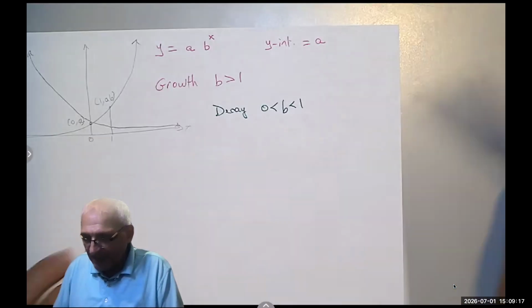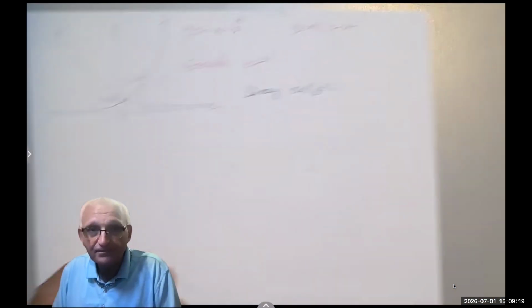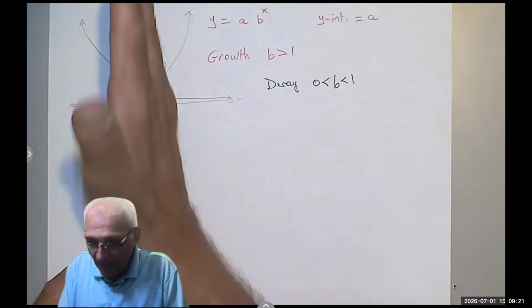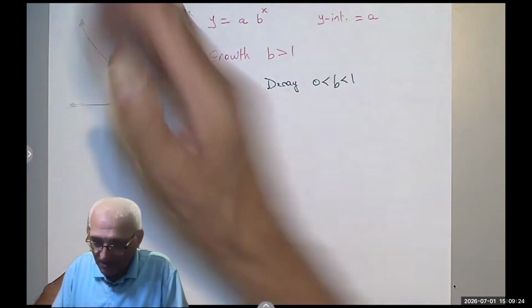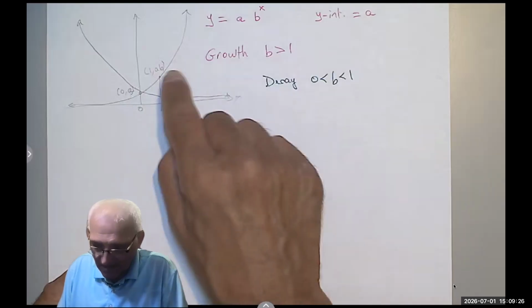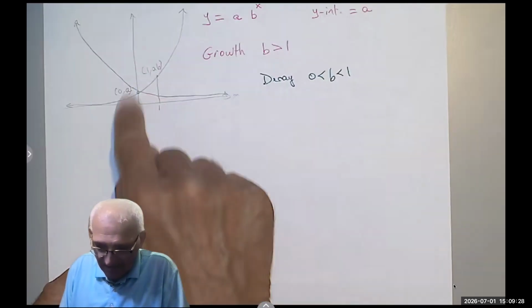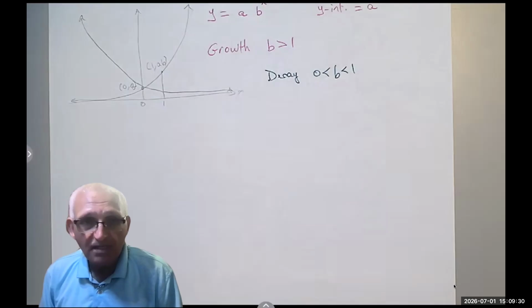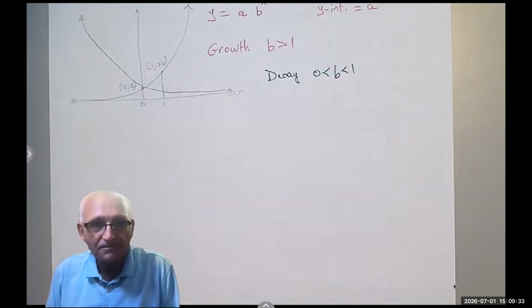And this point 0 and a would be on both. You see that the y-axis here would be an axis of symmetry, meaning the right-hand side is a mirror image of the left-hand side and vice versa.